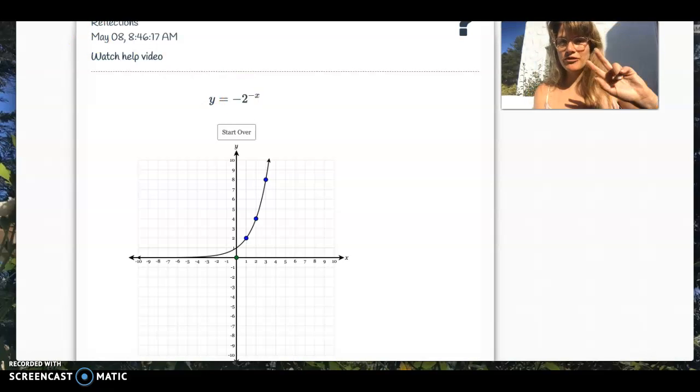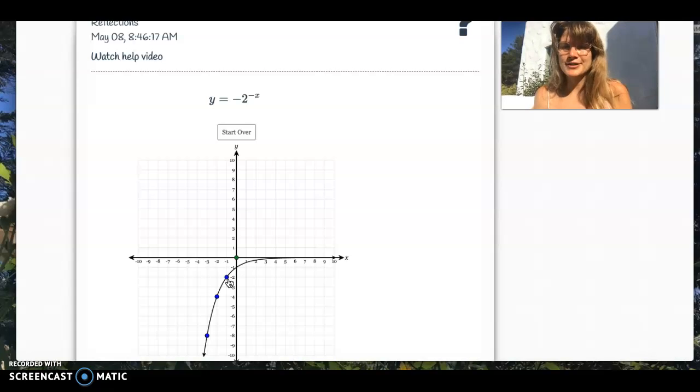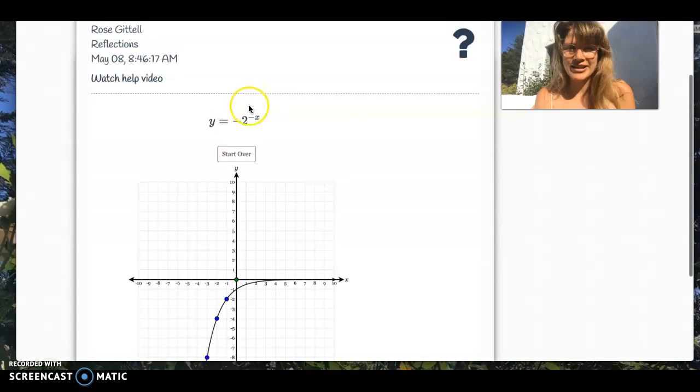Okay, so I'm going to do 2 reflections. Doesn't matter which one I do first. So I'm first going to reflect down over the x-axis, and then I'm going to reflect across over the y-axis. Okay, so it is possible to do both. You can reflect over the x and y when you have a negative outside and a negative inside.